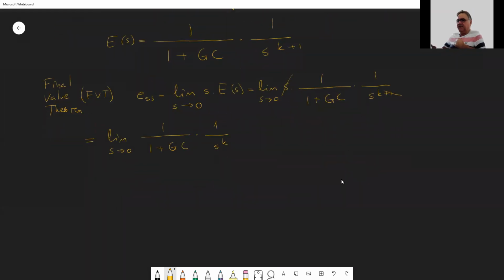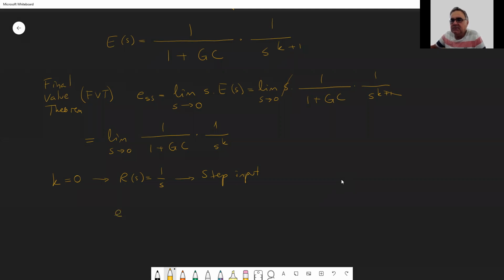So let's look at the different cases. Remember that if you had K equals 0, R of S would be 1 over S, which is the step input. Step input is our most common input, so this is something we have most commonly.